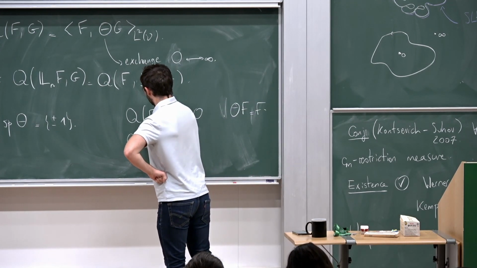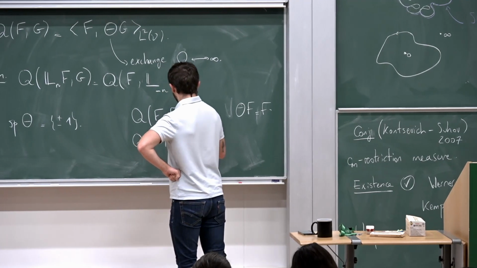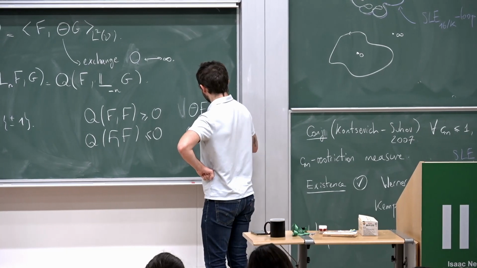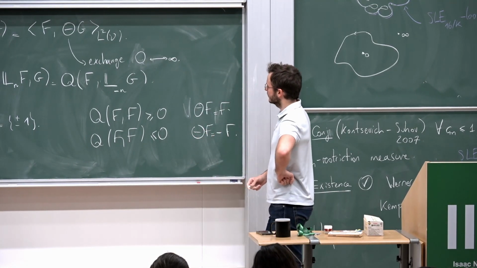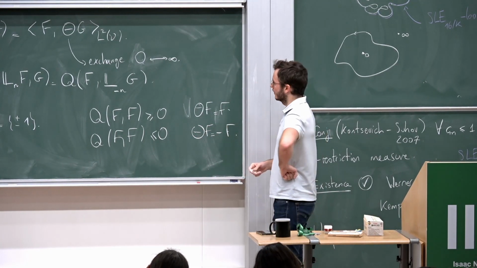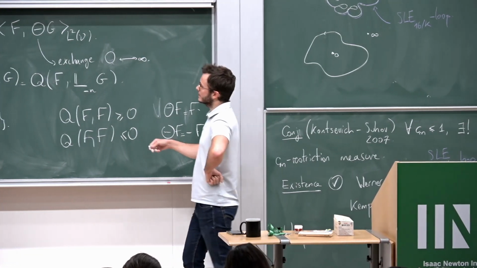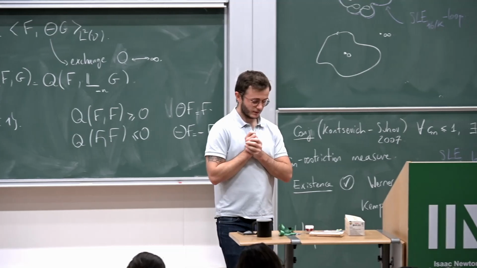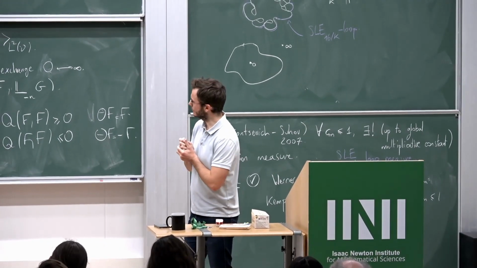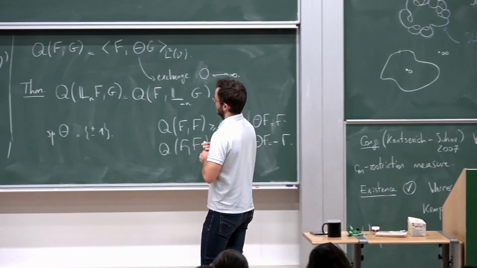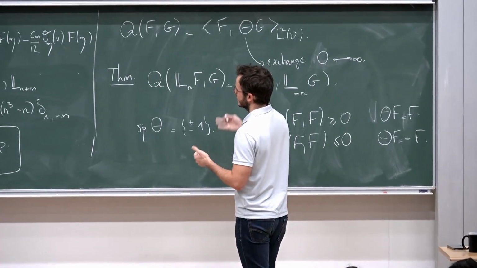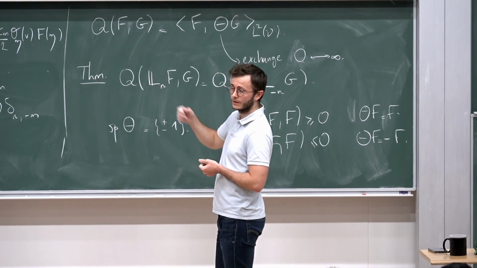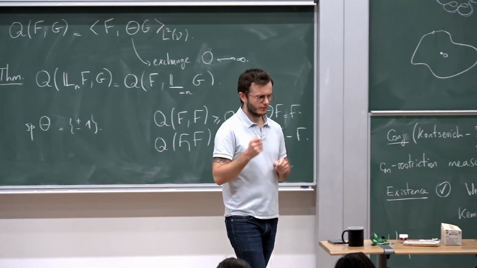And it will be negative otherwise, on the space where theta of f is equal to minus f, the space of odd functions. So actually, this form is not semi-positive definite, which creates problems. In the CFT language, this would be saying that we don't have a unitary theory. But okay.